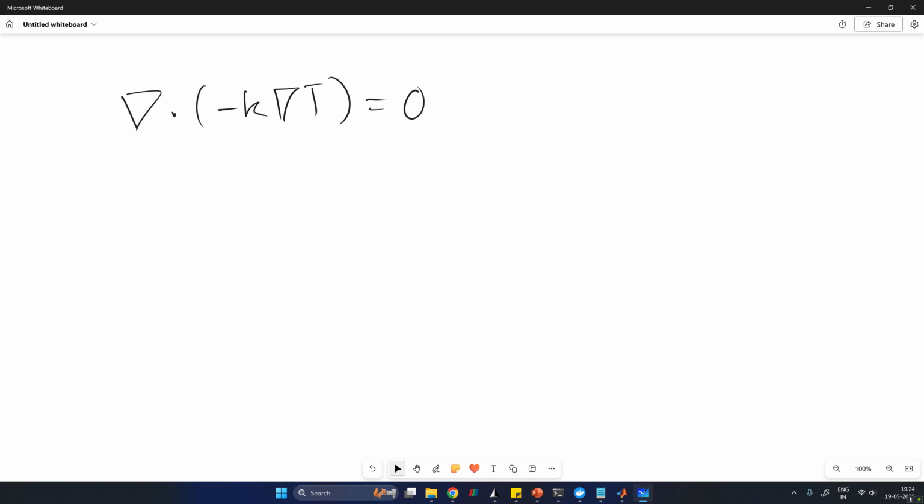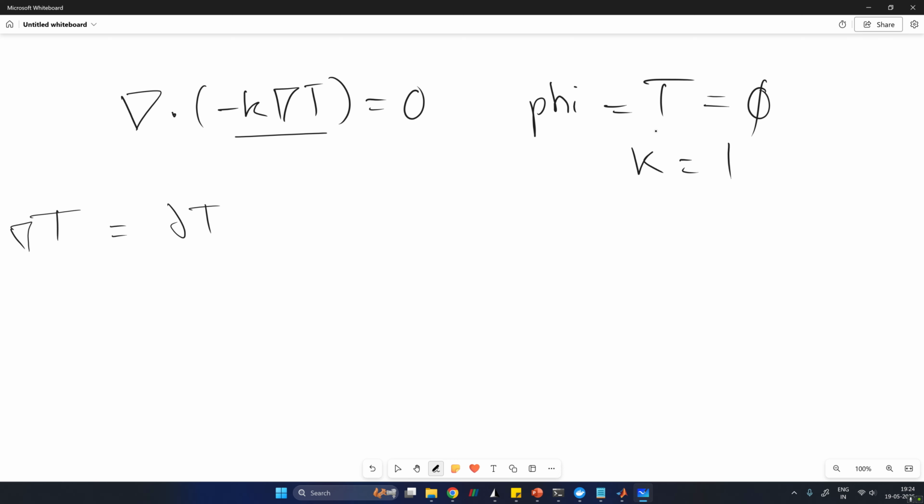In this case, phi is basically just equal to T, the variable which we were solving for, and K is your thermal conductivity. In this case, we are just taking this K as 1, and this is your heat flux. Temperature is a scalar, and so the gradient of a scalar is basically a vector. It has two directions.